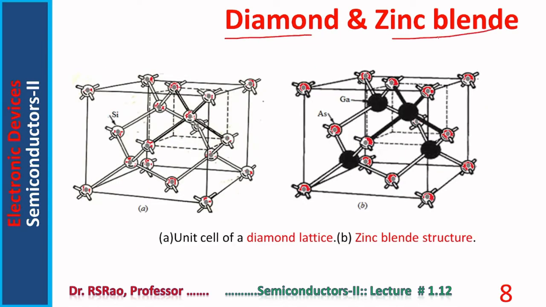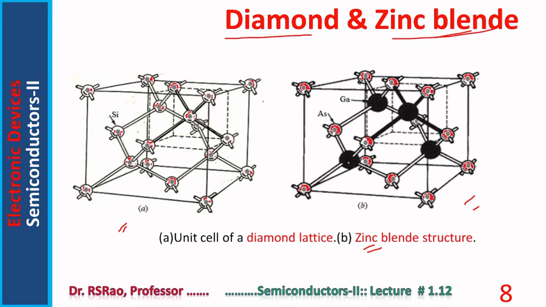Diamond, zinc blend. First one is diamond. All atoms you can see belong to one type of material, silicon. In B is shown zinc blend structure. Certain atoms are shown with black spheres.